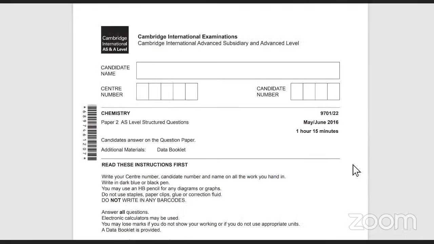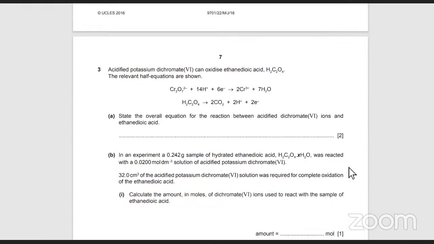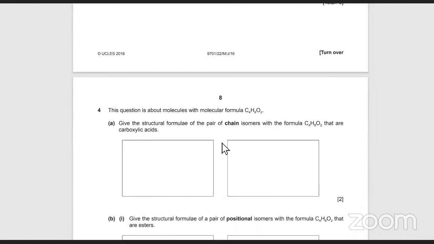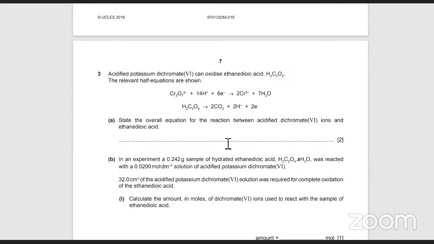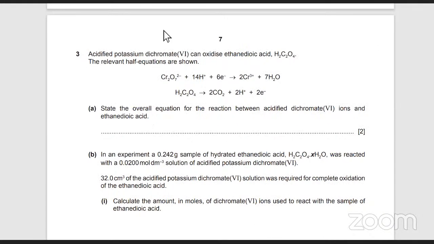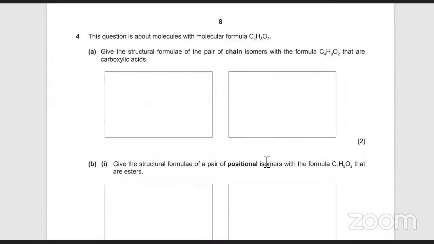Let's do another one, just organic questions. This is another paper, summer 16 question, paper 2.2.